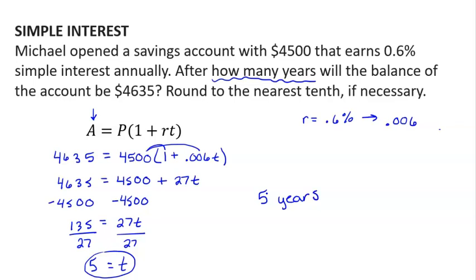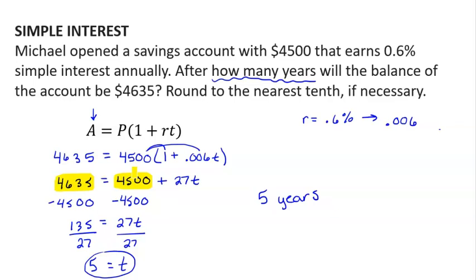Okay. And so just keep in mind as you are working on these, we started out with 4,500, right? And then in the account, it said we had $4,635.